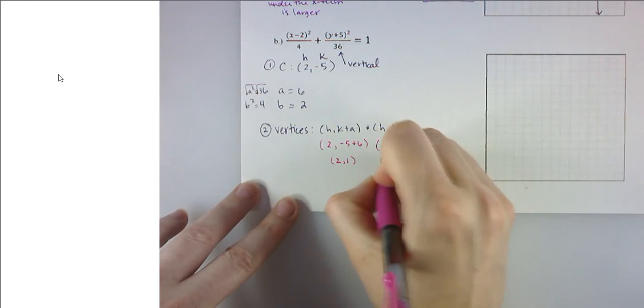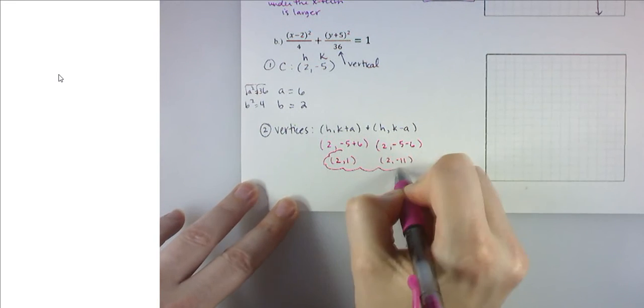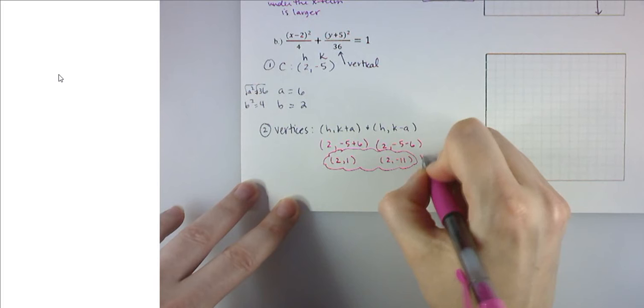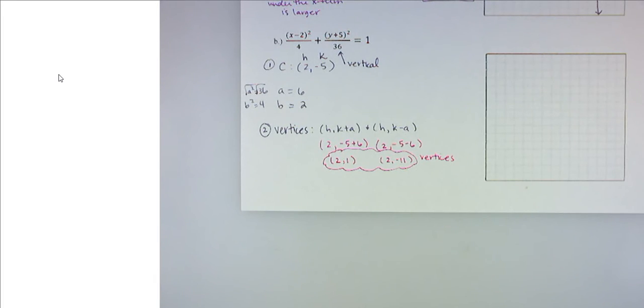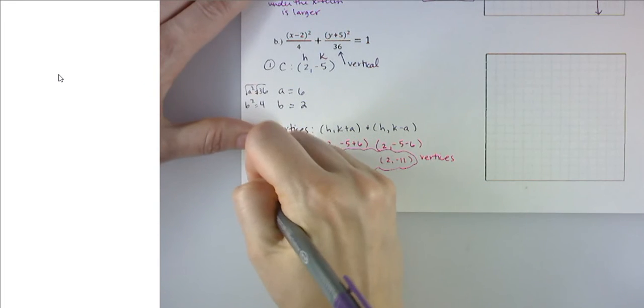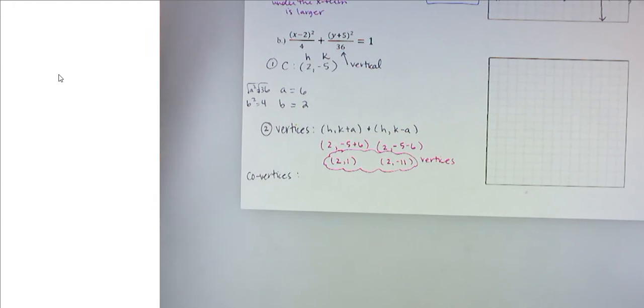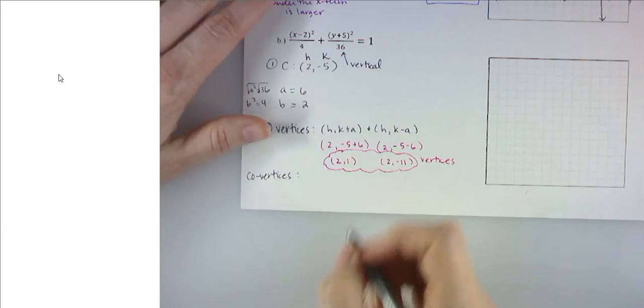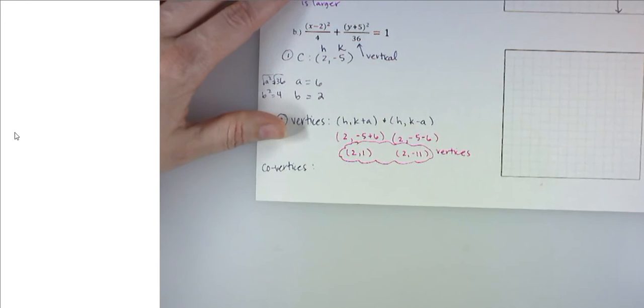All right, and then we'll do the co-vertices. And the co-vertices have the form, again, we're going to use our chart. (h plus b, k) and (h minus b, k).